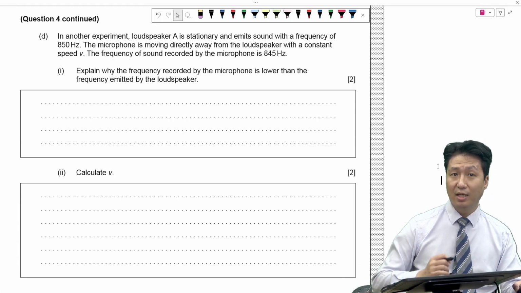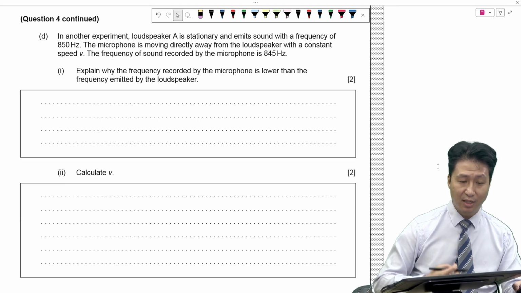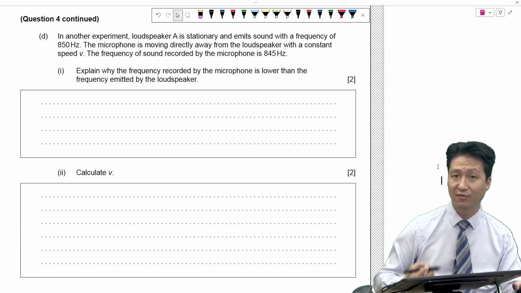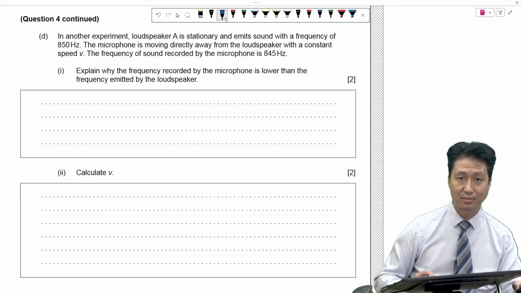Part D. In another experiment, loudspeaker A is stationary and emits sound with a frequency of 850 Hz. The microphone is moving directly away from the loudspeaker with a constant speed V. The frequency of sound recorded by this microphone is 445 Hz. Part 1. Explain why the frequency recorded by the microphone is lower than the frequency emitted by the loudspeaker.